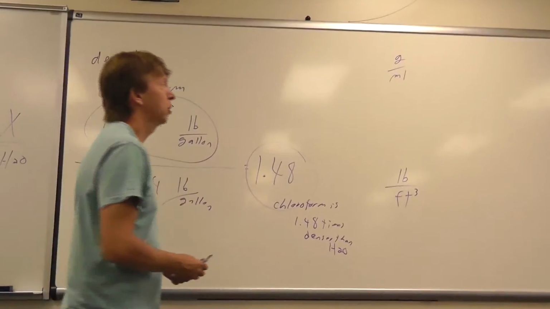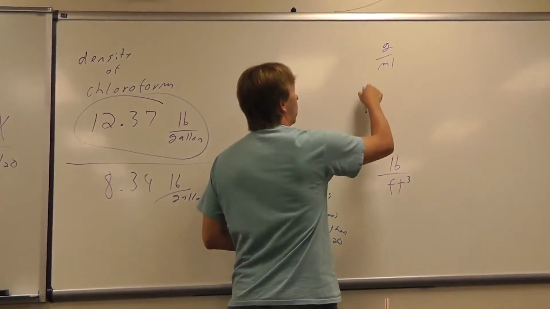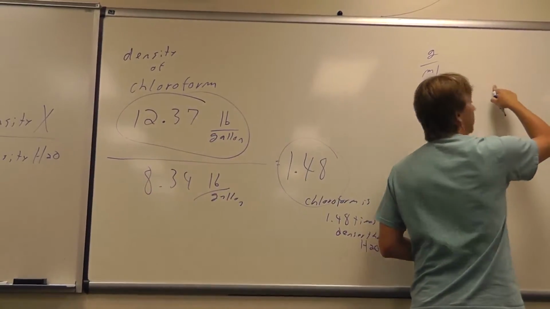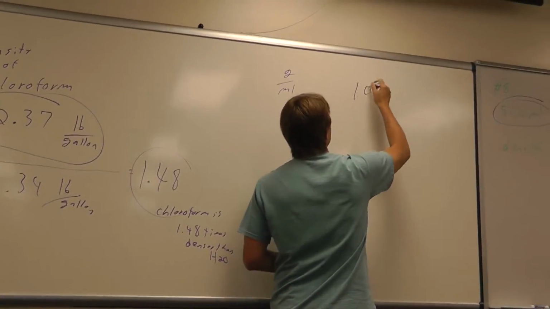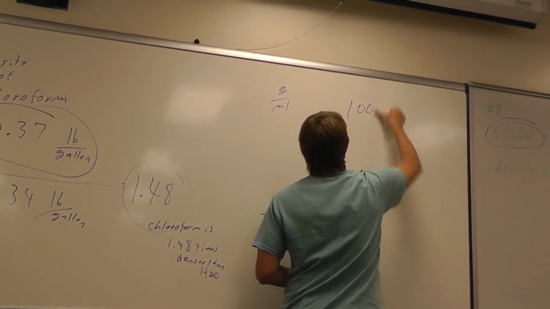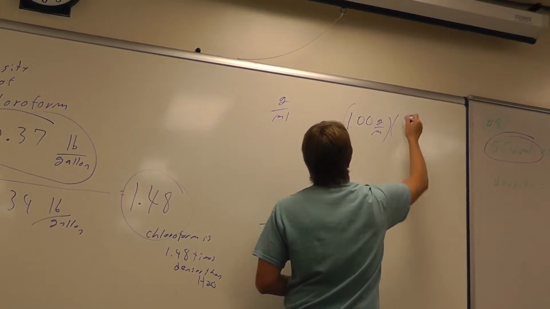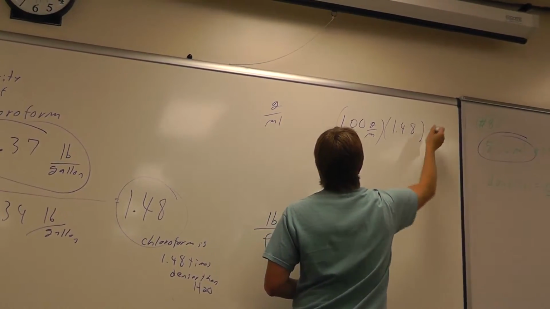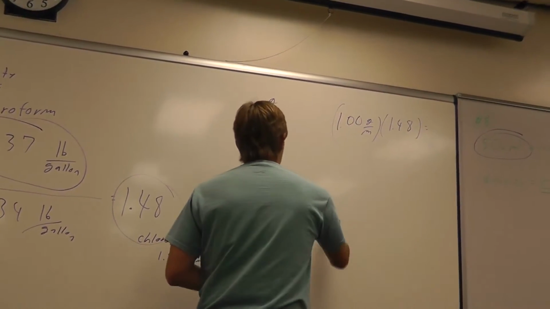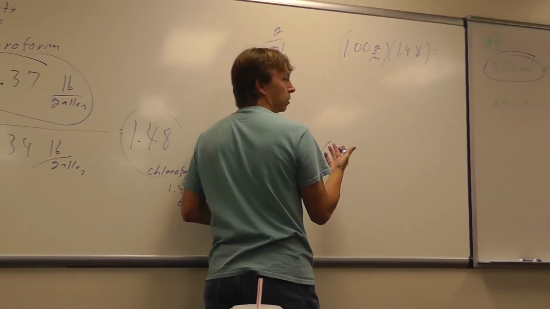Now look back at the chart at the top. What was water's density in grams per milliliter? 1. And what was water's density in pounds per cubic foot?